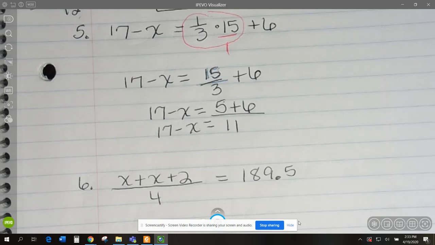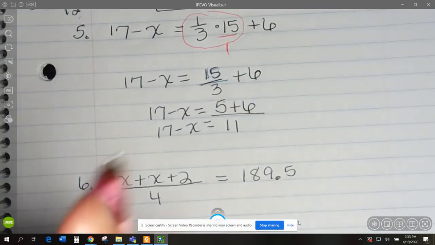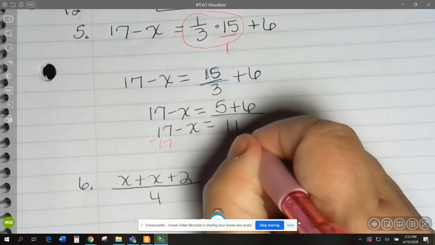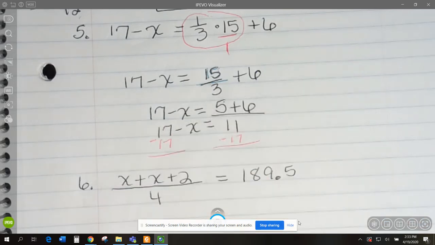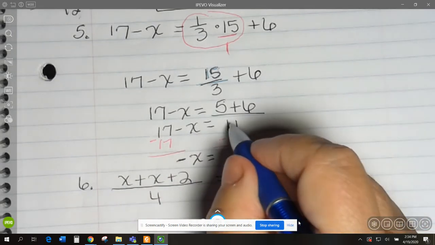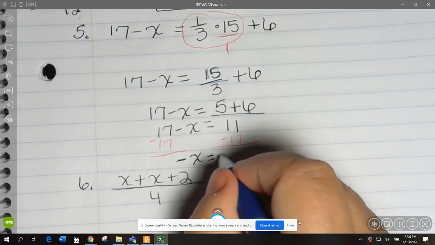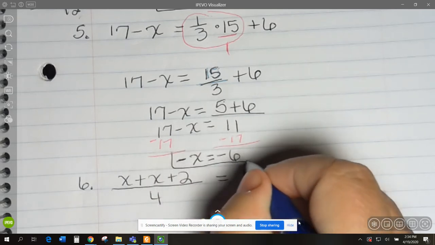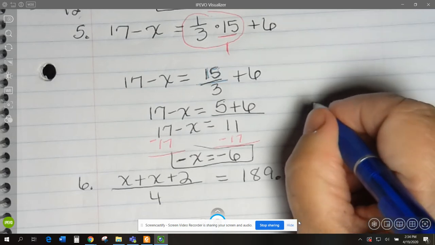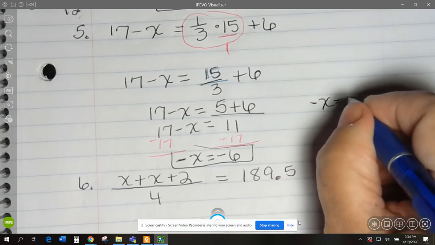So I am going to take away 17 from both sides. And I'm going to end up with a negative x equals 11 minus 17 would be negative 6. Negative x equals negative 6.